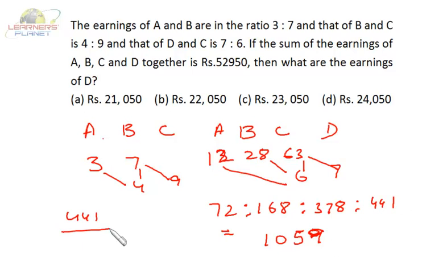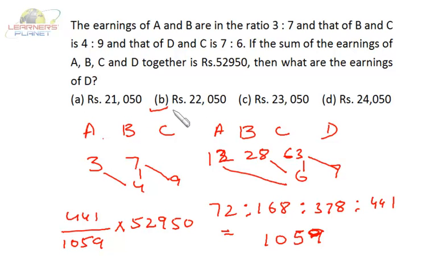So 441 by 1059 into 52950, that you have to calculate. Okay, friends. So after solving this, you'll be getting D's earning, which will be 22050.